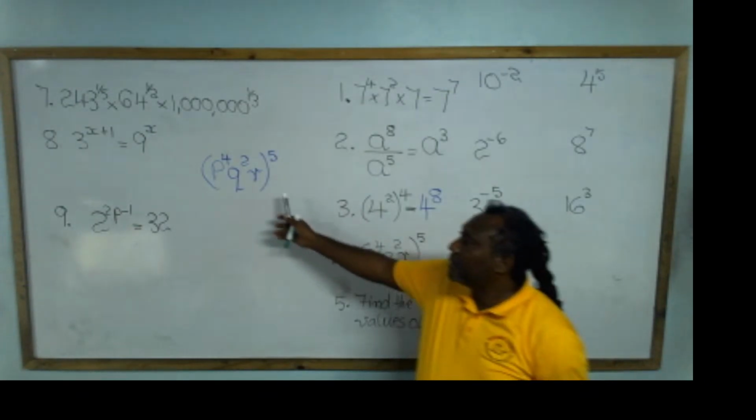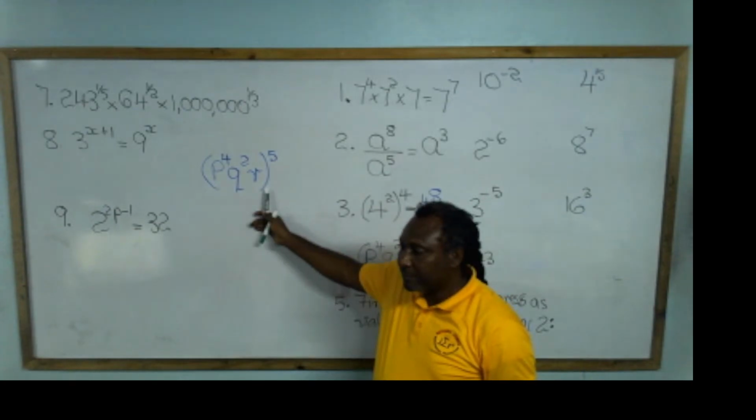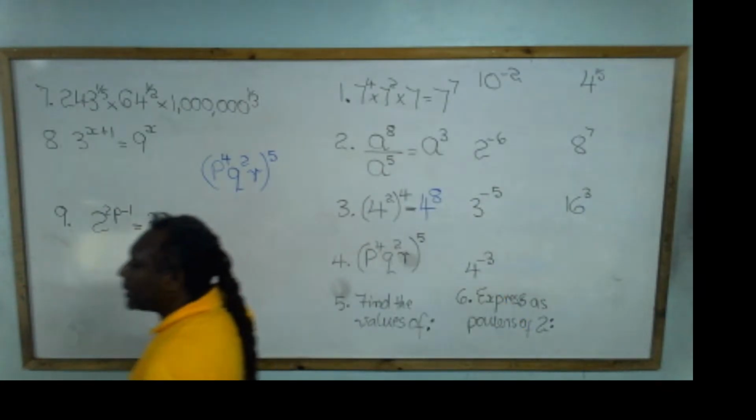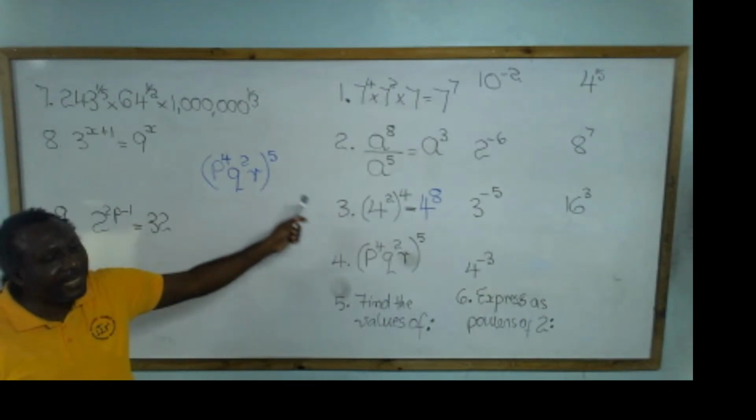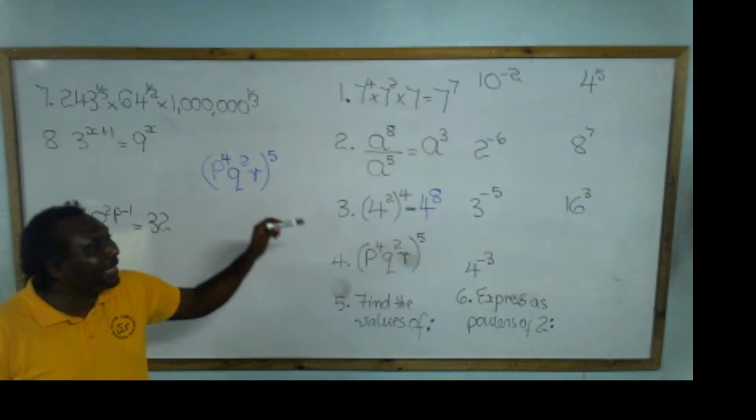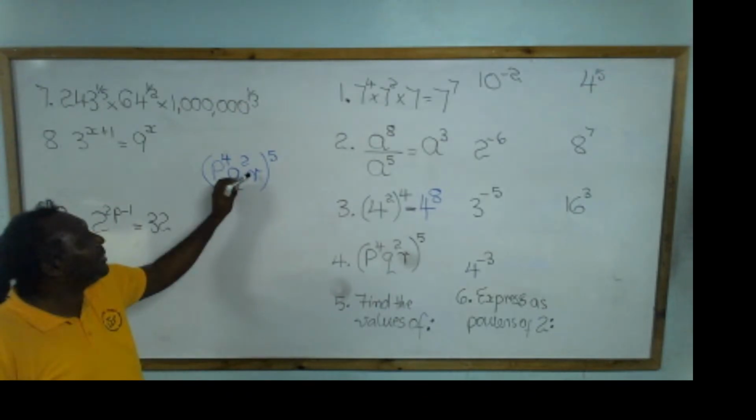Now for this, what do we say for this? We cannot add the indices here. Why is it that we cannot add these indices?